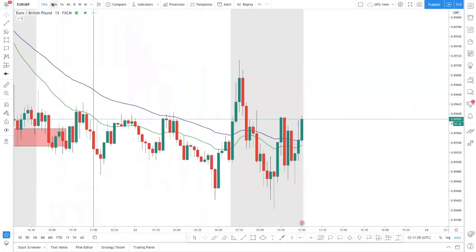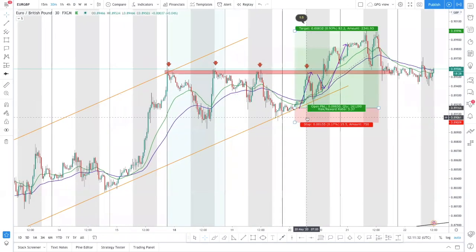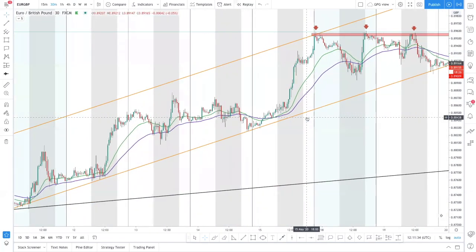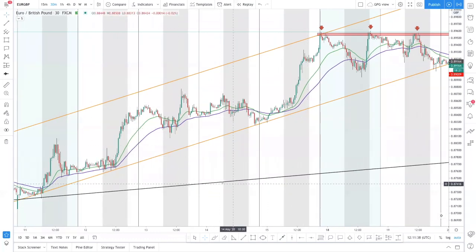So we go to the lower time frame now, which is 30 minutes, my favorite. Let's see it the way I was seeing it at the very start. You can see this black one is our macro bullish trend line. And by the way, I'm not drawing it to say, oh, tap the trend line and I want to buy.